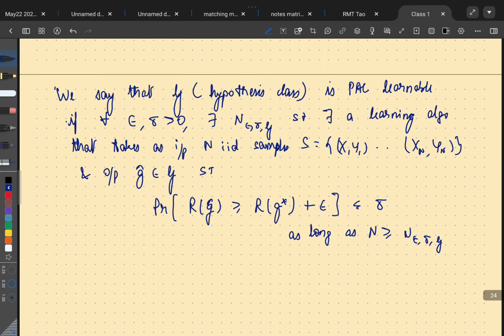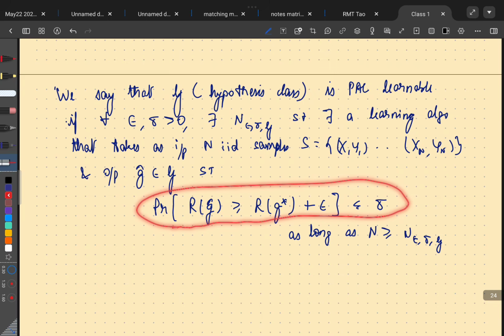So, loosely speaking, using a finite number of samples, I should be able to achieve this. And this should happen irrespective of what P_XY is.